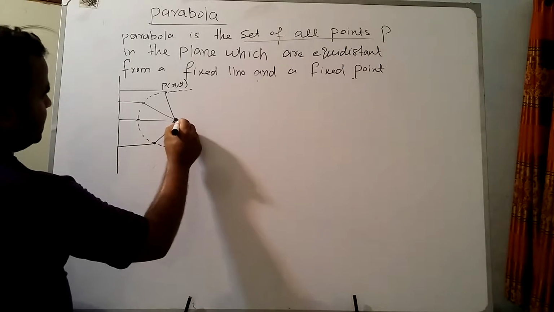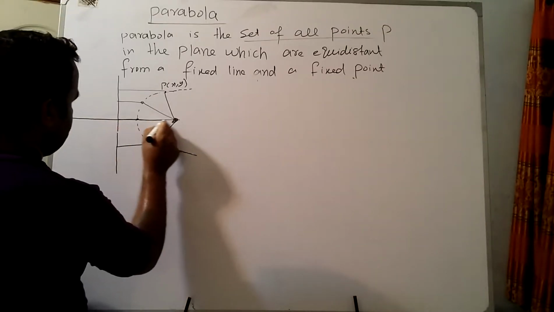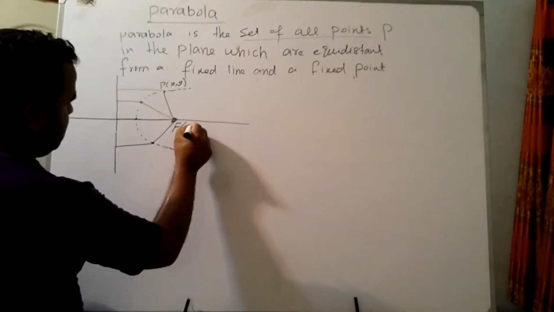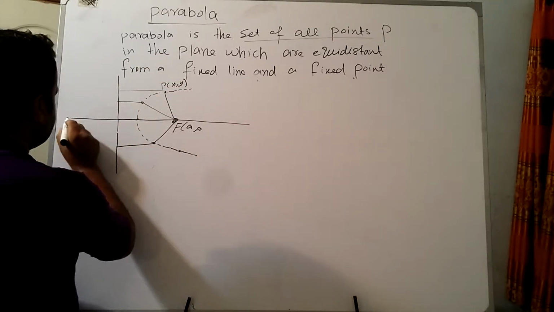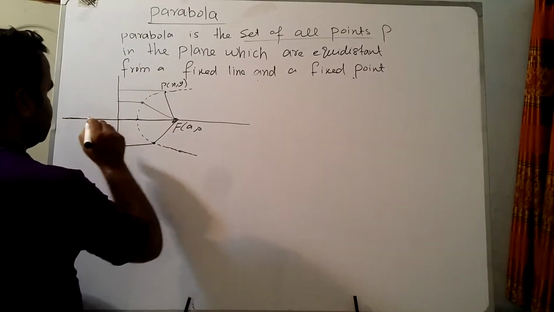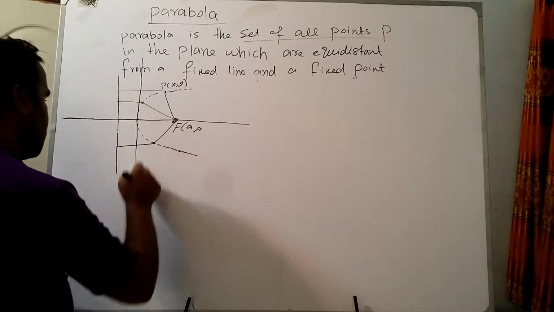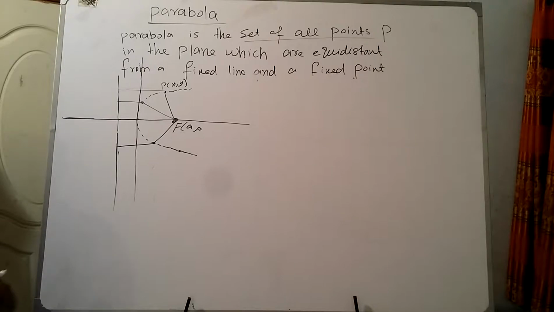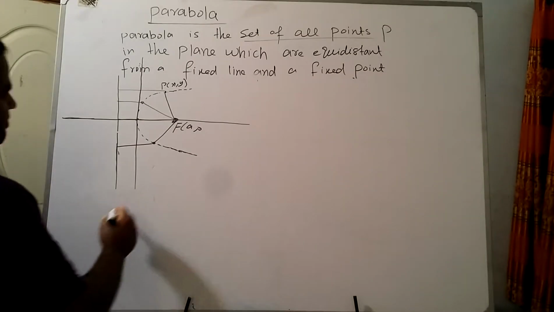This fixed point is called the focus, F, at (a, 0). If this is the x-axis, this line is parallel to the y-axis, which is the fixed line.